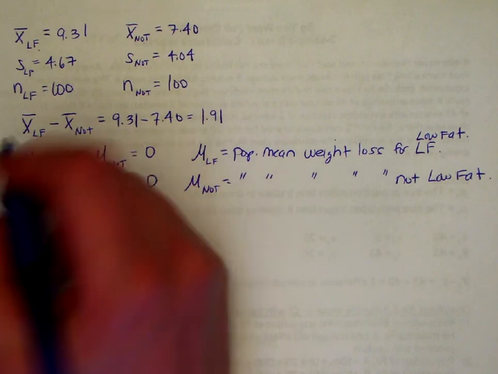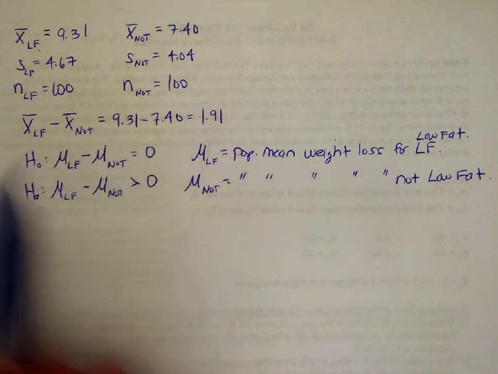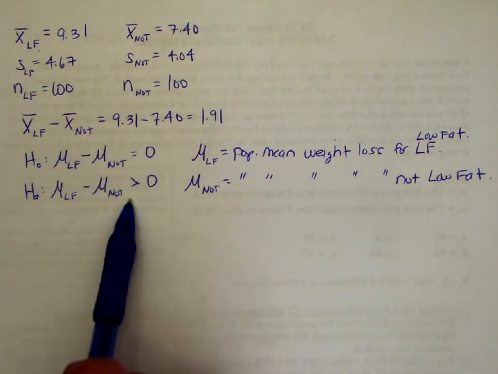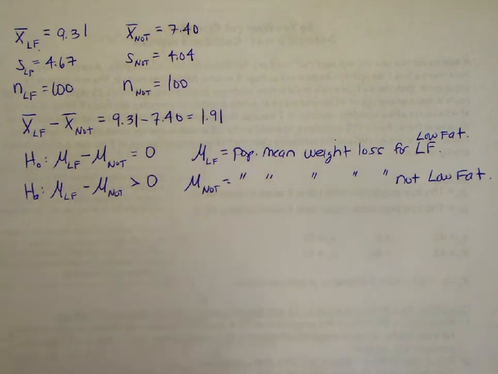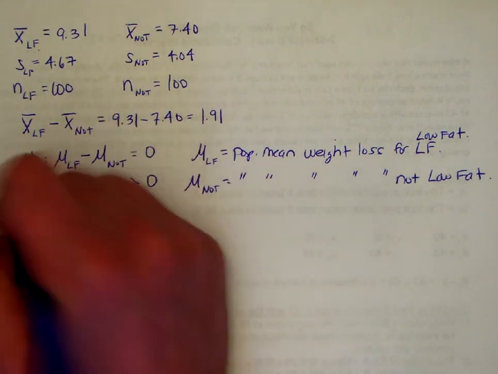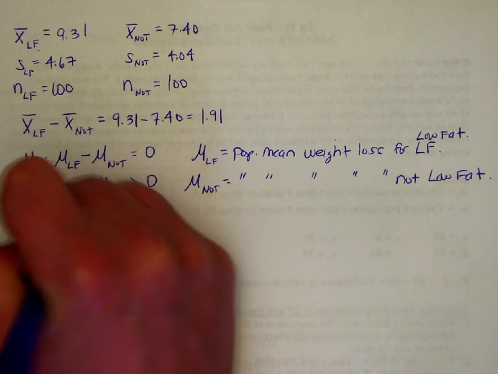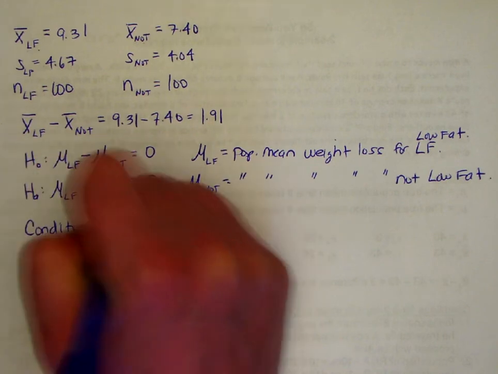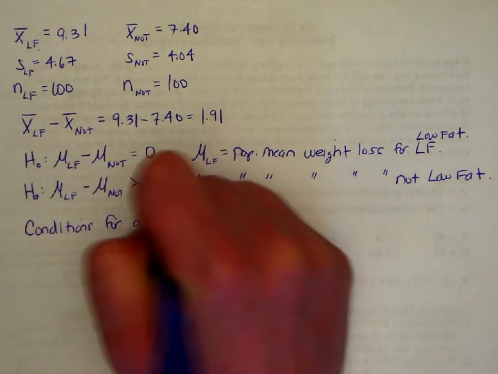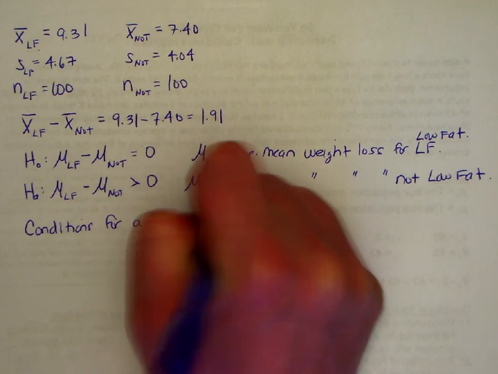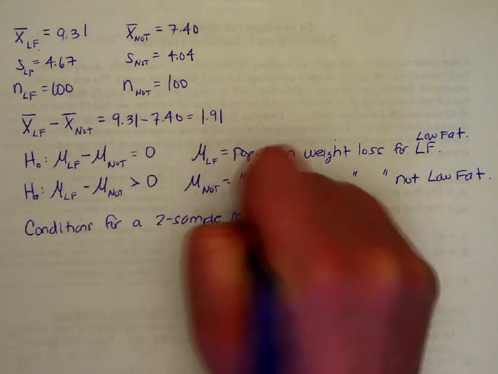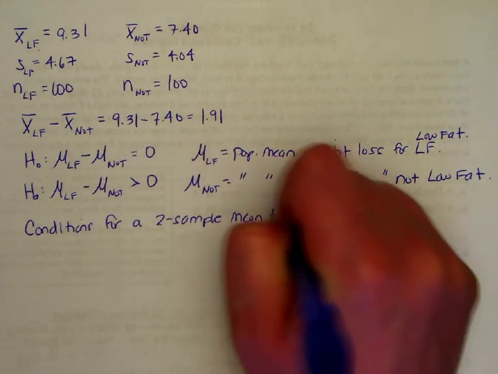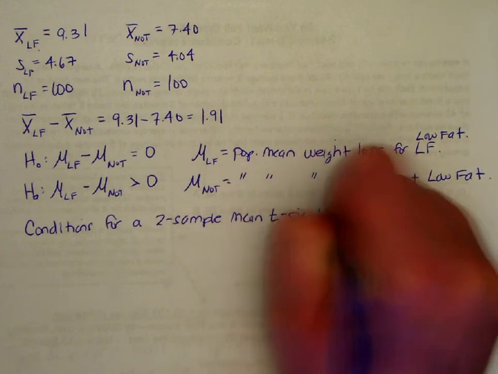Let's do conditions for, again, remember significance test, you have to have your H0 and your HA and define your Greek letters like you would do all the time. So, conditions for a two-sample mean T significance test.